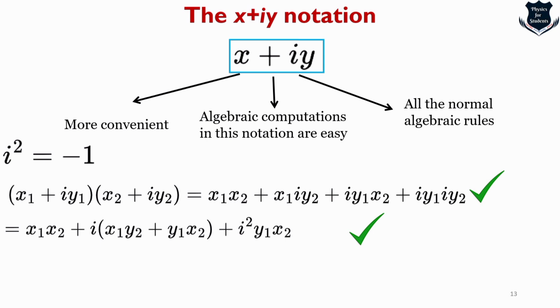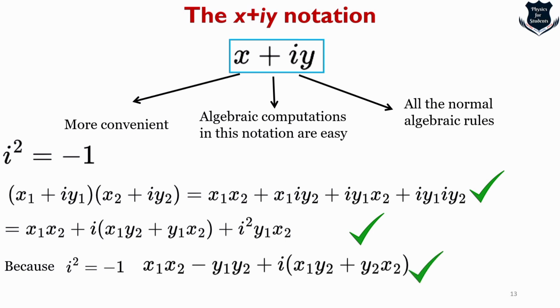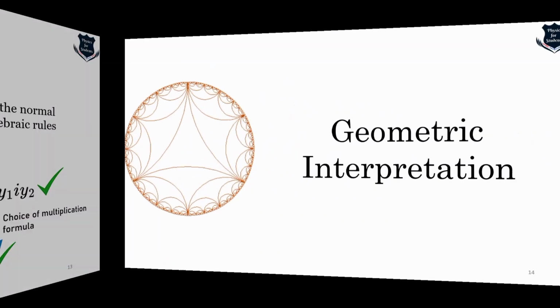Because i square equals to minus 1, the next equation turns to this, right? So this is how it happens. This shows how the algebraic notation is favorable and how the equation changes. And remember that this is basically what we call the multiplication formula, which we have seen earlier.